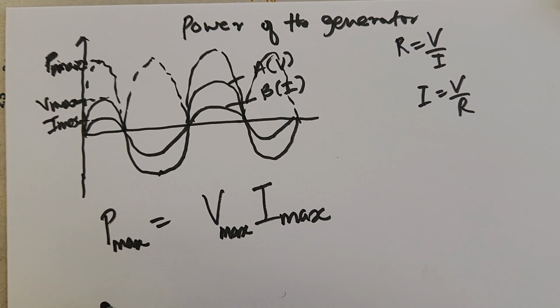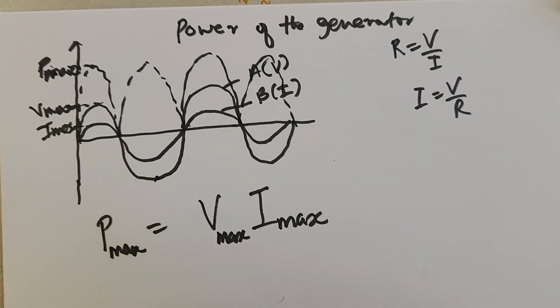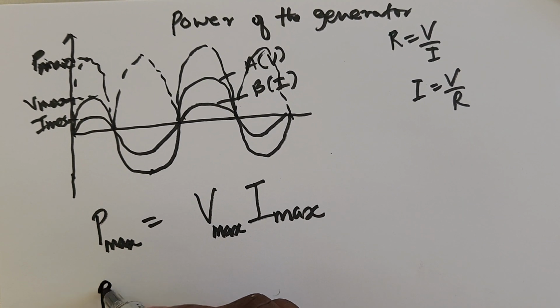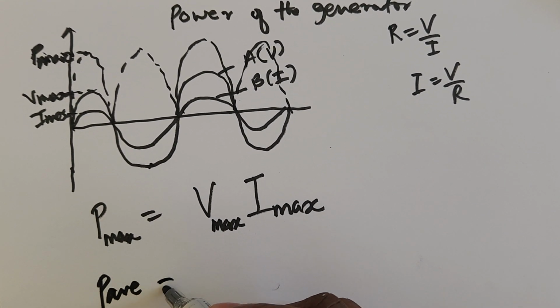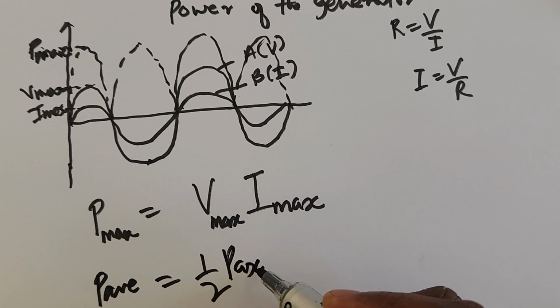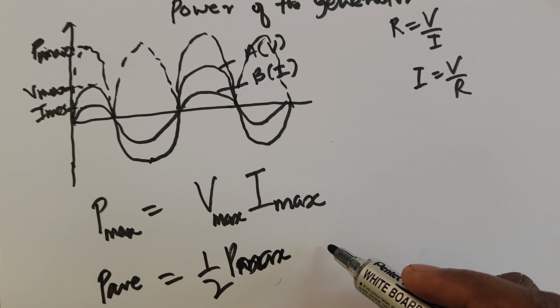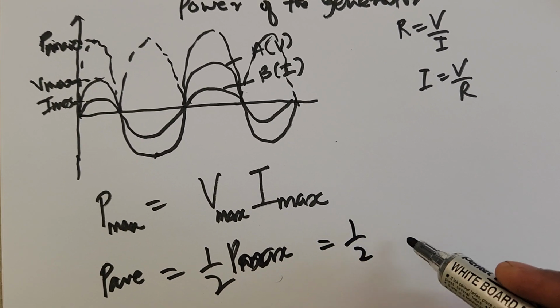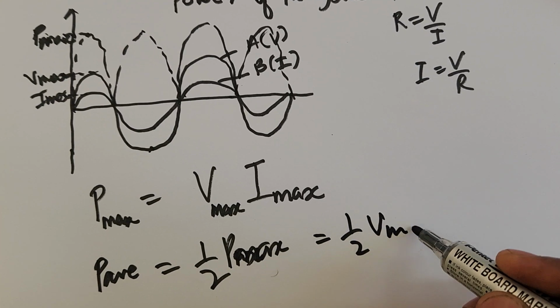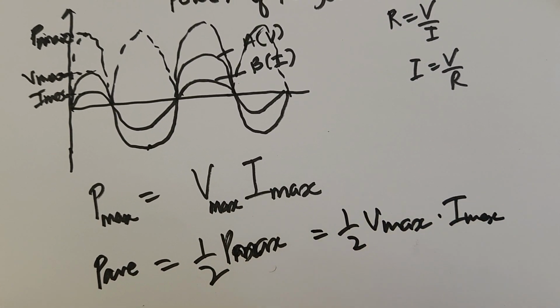Now from here, if we use our knowledge of maths, if we want to find the average power, it will be half of the maximum power, P max, which is the same as half of V max multiplied by I max.